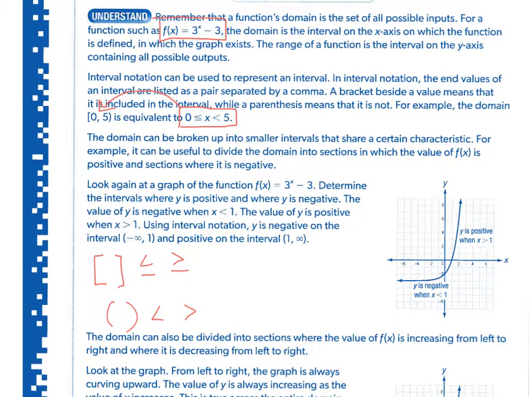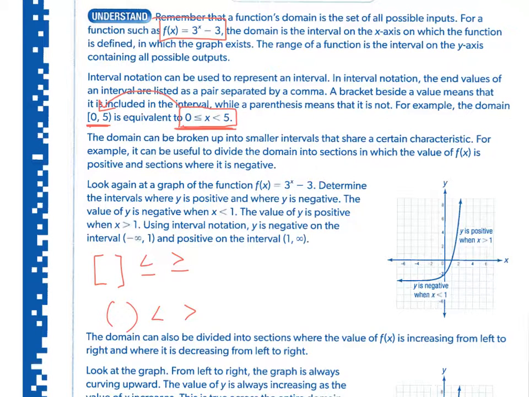Again, we can't include infinity. That's a made-up number, so we include all the numbers but up to infinity because, of course, it doesn't represent a number. So if we were going to use infinity, we would use just a parenthesis. So again, this is called interval notation. It's really just a shorthand way to write this instead of writing our compound inequalities.